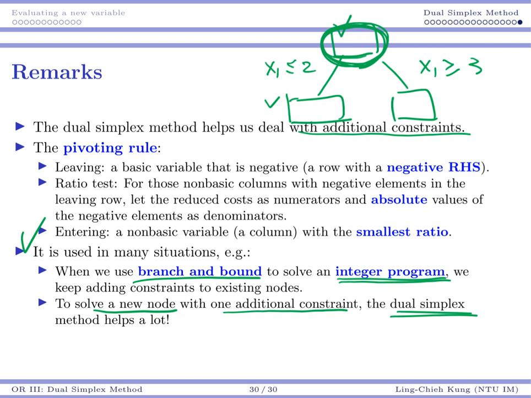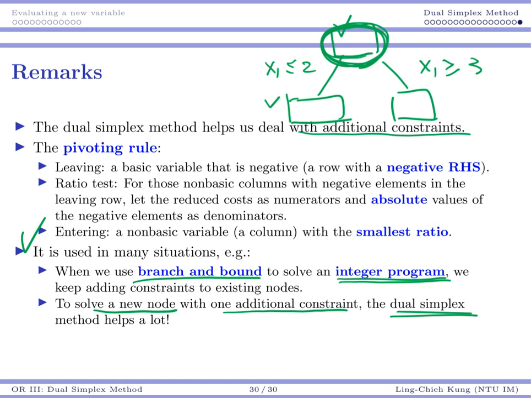That's going to help you a lot, because in a natural branch and bound tree, you may have thousands, millions of nodes to solve. This one and the next one are so similar. Why not use the previous one? So that's the idea of the dual simplex method, and it's connected to branch and bound.